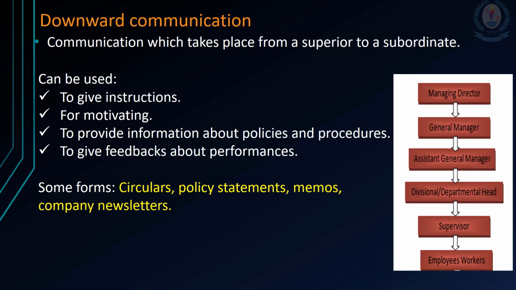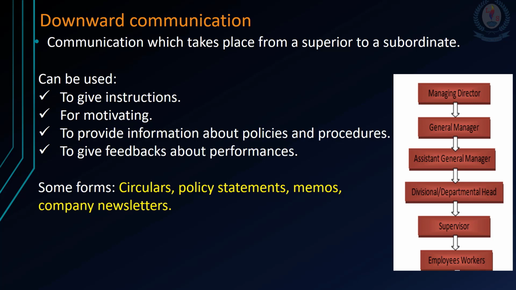It's communicating downwards. So we can use downward communication to give instructions, for motivating, to provide information about policies and procedures, and to give feedback about performance. Every time it goes to lower levels. Giving instructions: you always know instructions are given from the top to the bottom. Motivating, right? And feedback.